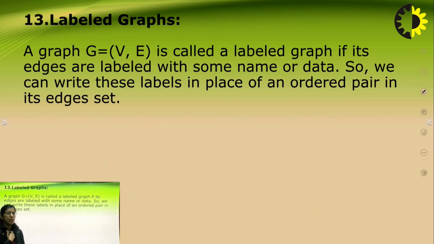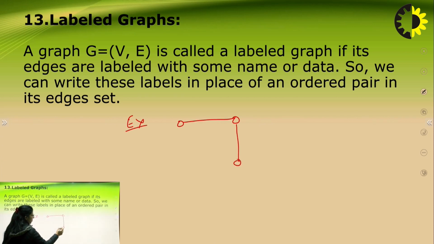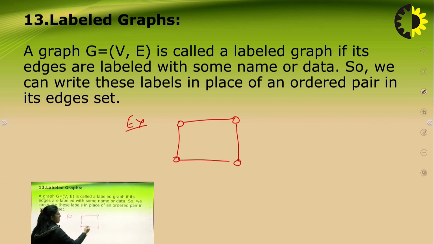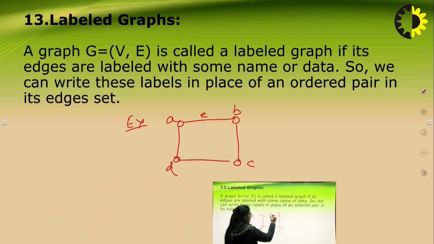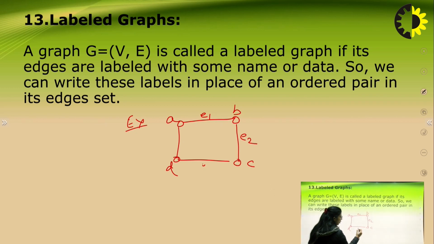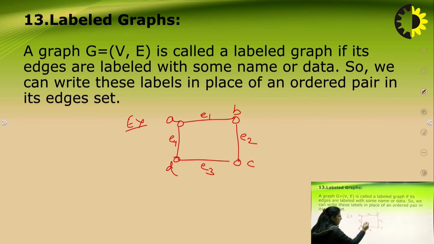Next one is labeled graph. In the case of a labeled graph, the edges are labeled with some name or data. For example, here, let's say this is the graph. If we write E1, E2, E3, E4, then the edge AB is denoted using the E1 label.